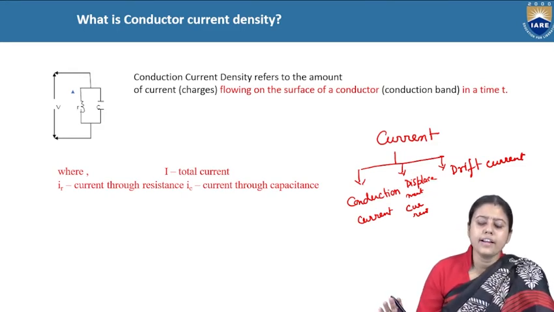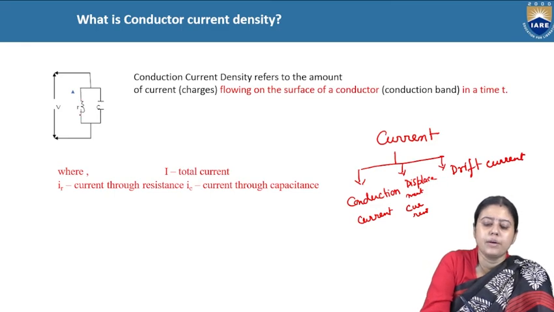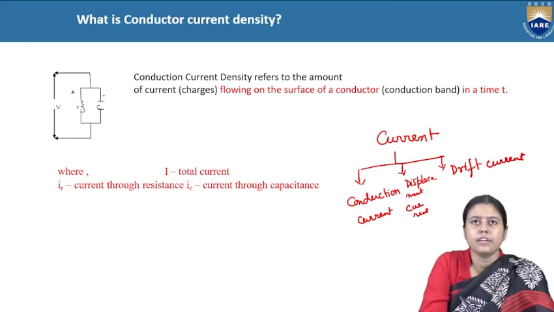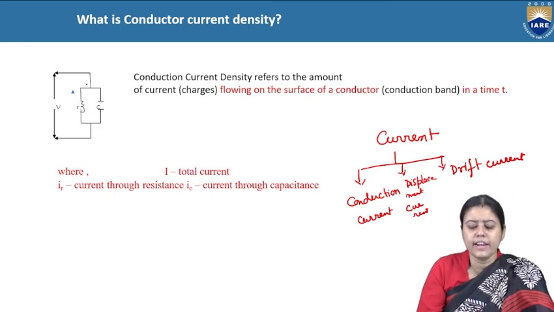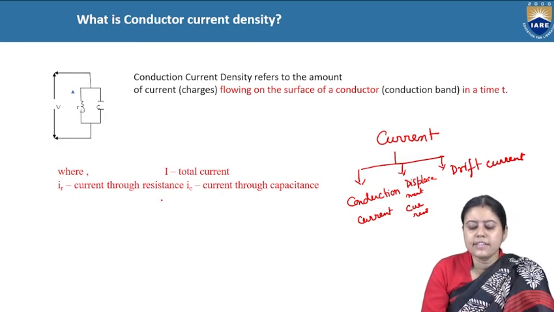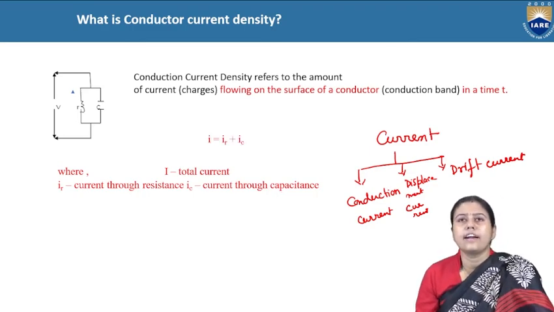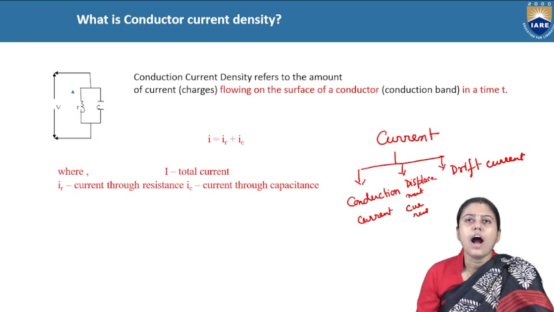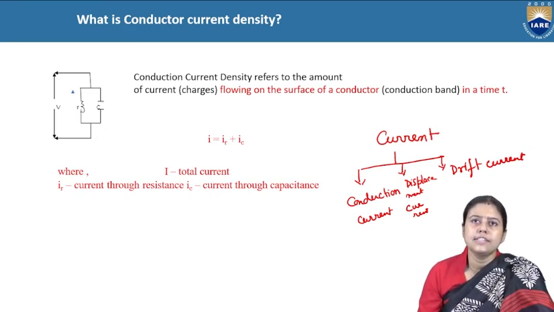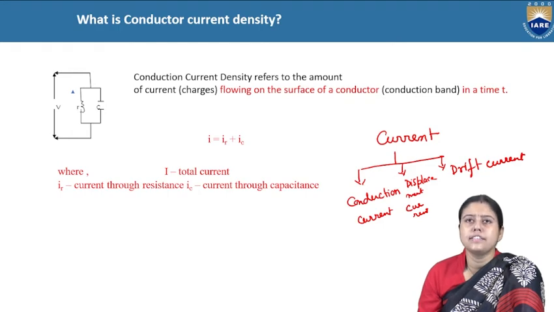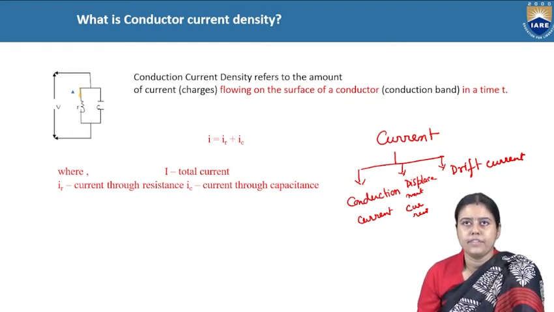So, if there is any conductor, it should have some resistance and some capacitance in it. If IR is the current through the resistance and IC is the current through the capacitance, what is the conductor current? Conductor current I is equal to IR plus IC. IR is the resistive current and IC is the current through the capacitor.